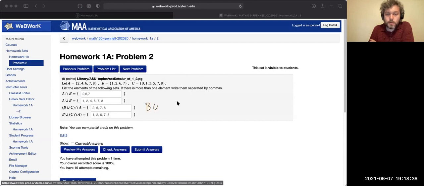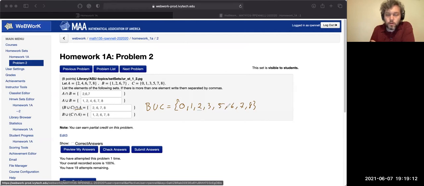So what would B union C be for this problem? Well, B union C would be all of the elements in B and C. Okay, so what would that be? That would be 0, 1, 2, 3, 5, 6, 7, 8. Okay. Then I need to find what does that have in common with A. Well, A is 2, 4, 6, 7, 8. So I just need to find what they have in common. First, is there a 2 here? Yeah.